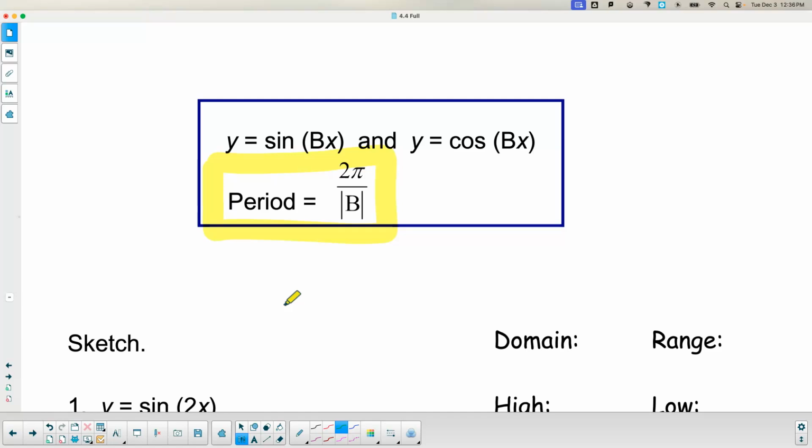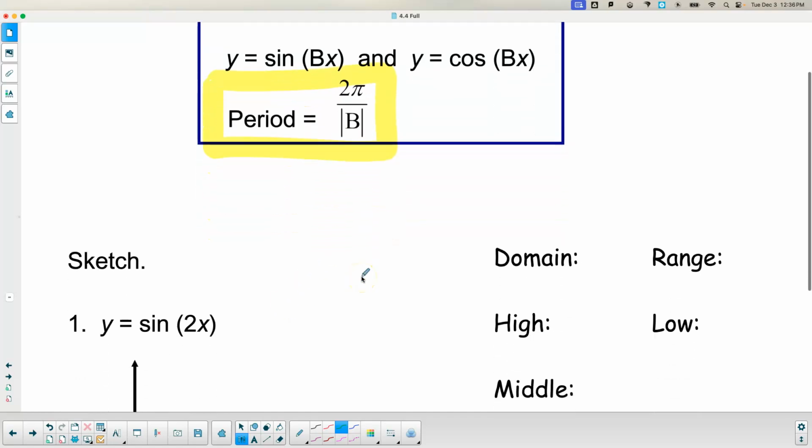Okay? 2 pi divided by the absolute value of b. The b is going to be the coefficient on your variable after the trig function.